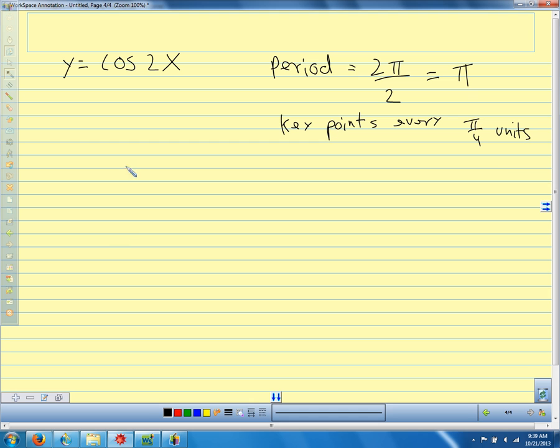So let's sketch a quick graph here. This is going to look just like my regular cosine function. My maximum is going to be 1, my minimum is going to be -1, the amplitude is 1, and I'm going to label this as pi. And I'm going to divide this into 4 units. That's going to be pi over 2, pi over 4, and 3 pi over 4.